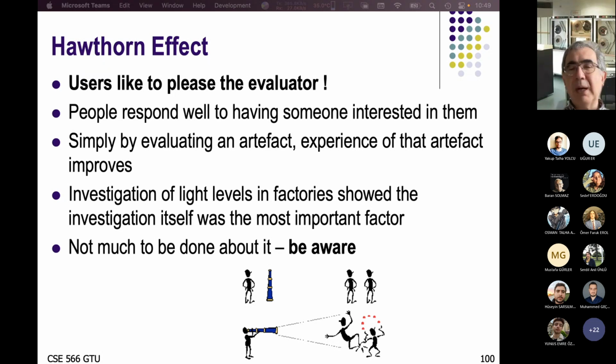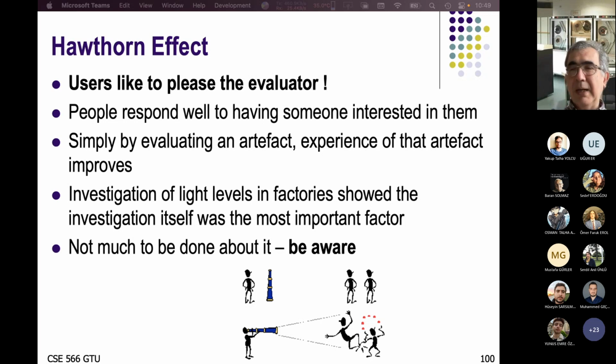So if you say that you are coming from Gebze Technical University and doing experiments in user studies and doing experiment in the performance of the application, they don't behave normally because they are being measured. Somebody is doing some kind of research. So basically, they behave better.